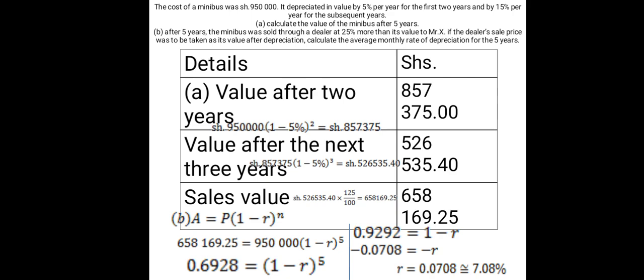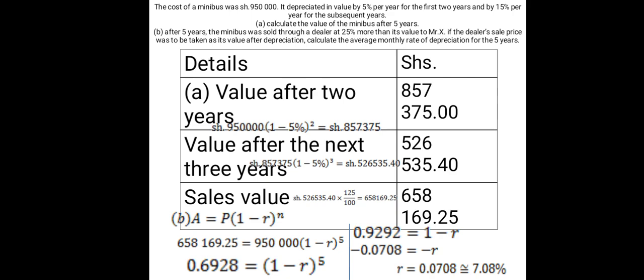B. After 5 years, the minibus was sold through a dealer at 25% more than its value to Mr. X. If the dealer's price was to be taken as its value after depreciation, calculate the average monthly rate of depreciation for the 5 years.